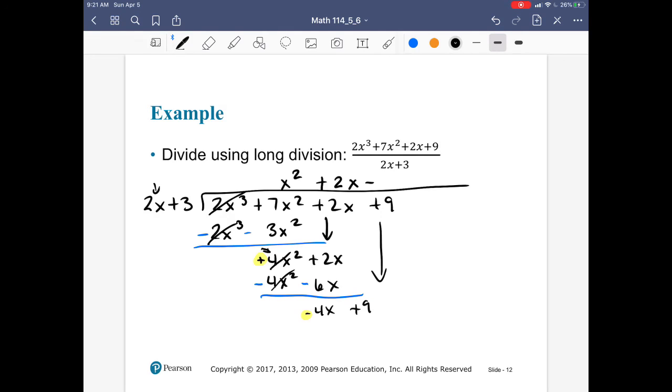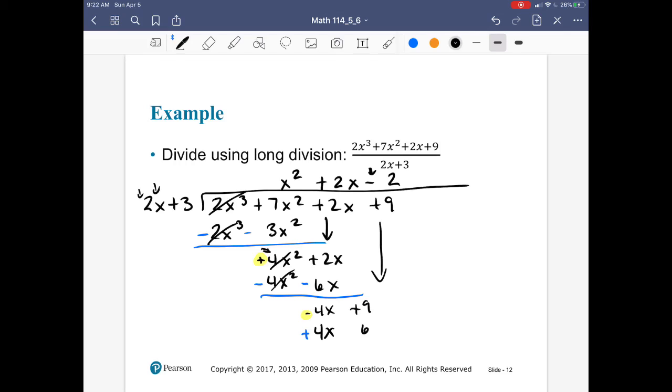So I have 2x and 4x. We already have the correct x, so we're just missing a 2. So a 2 times 2x is 4x. Now, a negative times a positive is a negative. We change the sign, so that's a positive. 2 times 3 is 6.